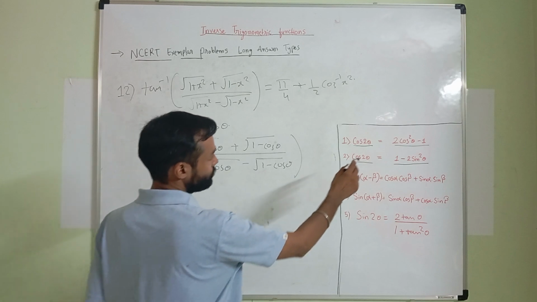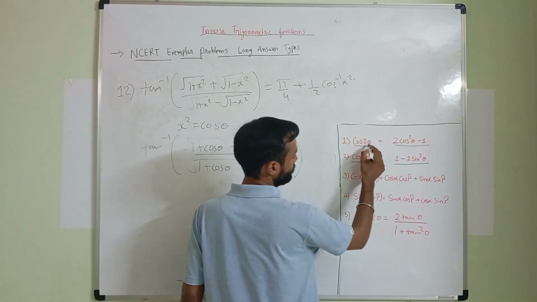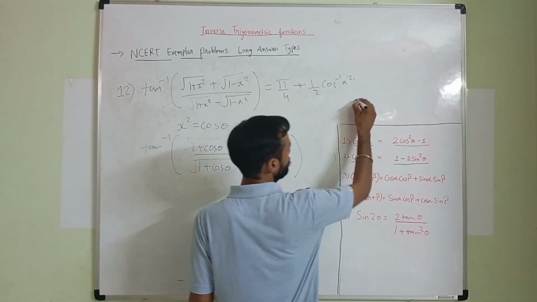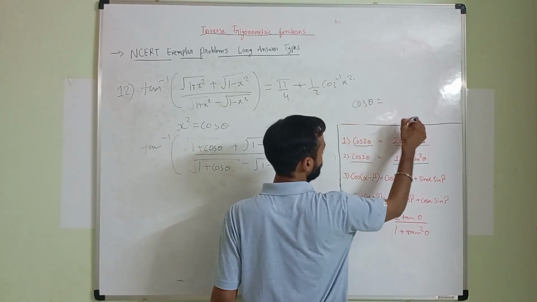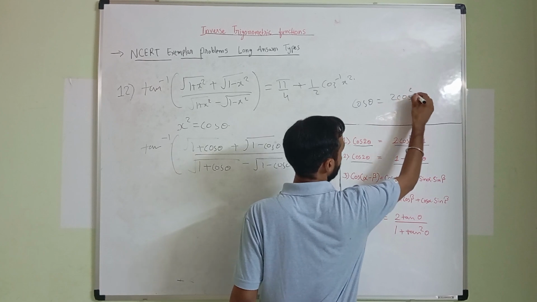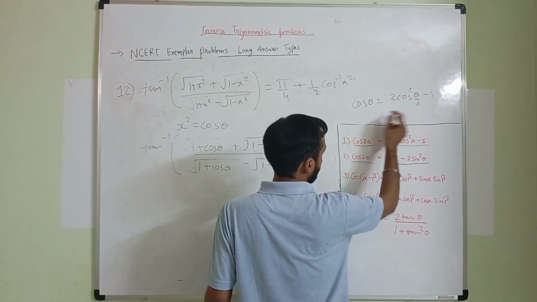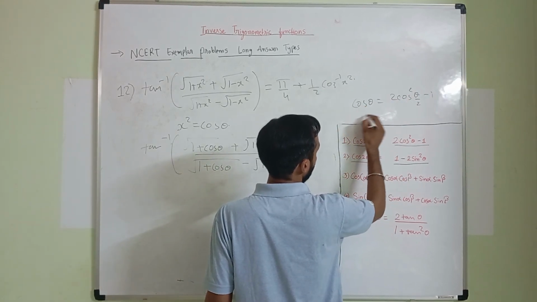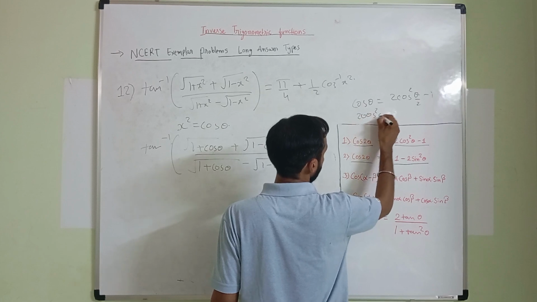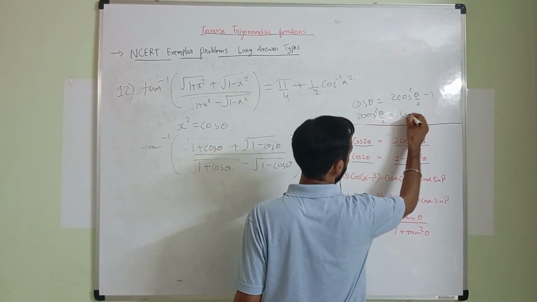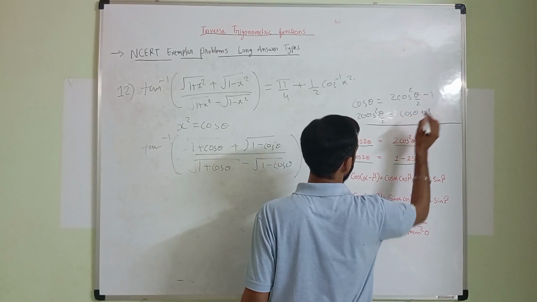So in place of this, 2 cos square theta minus 1, when cos 2 theta is given, suppose this cos theta is given, then it will be 2 cos square theta by 2 minus 1, and taking 1 on the right hand side, 2 cos square theta by 2 will be cos theta plus 1.